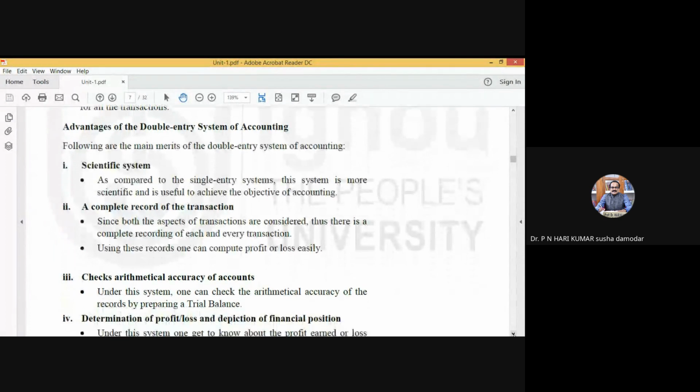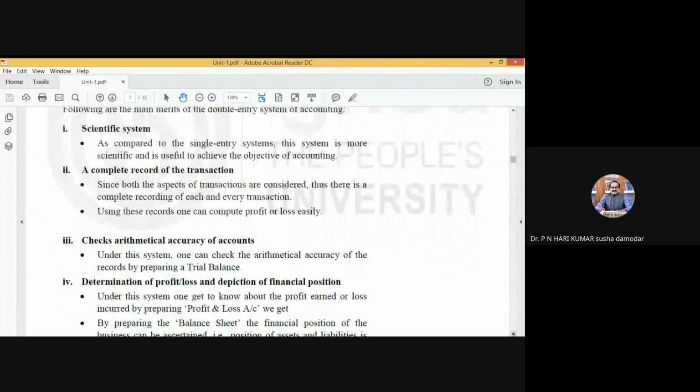And arithmetical accuracy can be ensured by following the double entry system. That means for every debit there is an equal and opposite credit. When we see one aspect of one transaction in the books of account, there must be another aspect somewhere in the books of account. So two aspects are to be considered and recorded in the books of accounts. So arithmetical accuracy can be ensured.